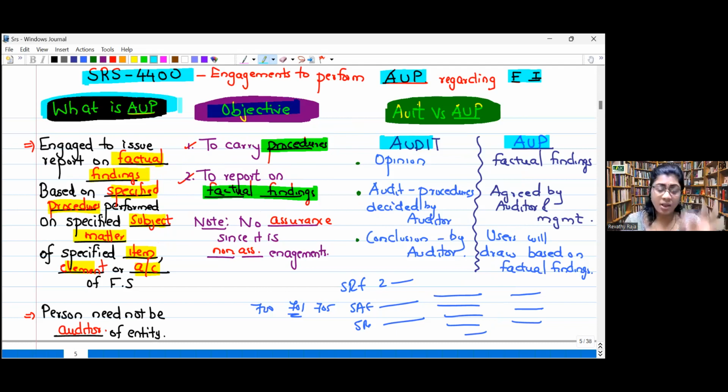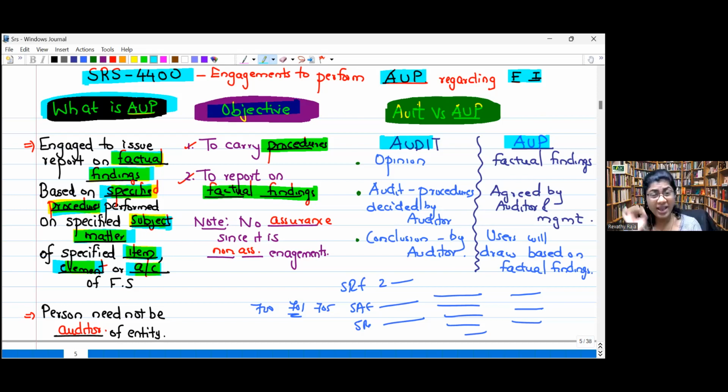Here you are going to issue your report not on an opinion. Here you are going to give your report on factual findings, after doing the specified procedures, on the subject matter. The subject matter can be an item, element, or account in the FS.